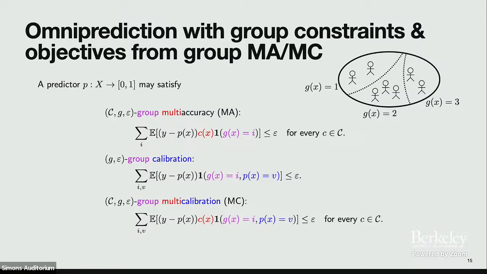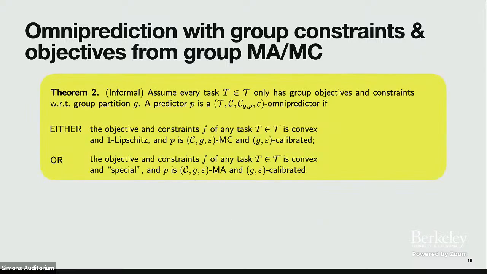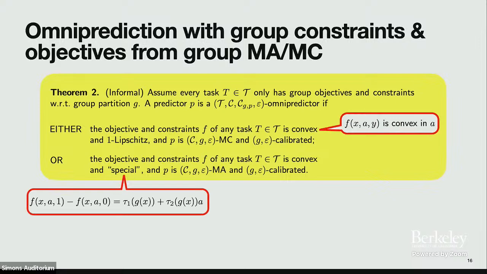And now we can state our main result. And I think you might already expect it. Our main result basically just says that if a predictor satisfies these group multi-accuracy or group multi-calibration conditions, then they are omnipredictors for constrained optimization problems, for a fixed group partition G. The exact statement of this theorem is not very important since it's an informal statement anyways.